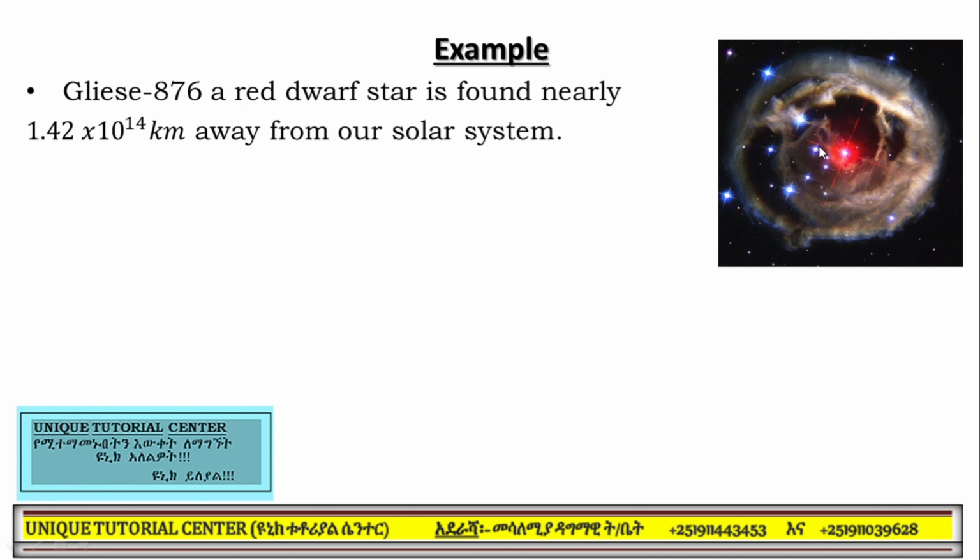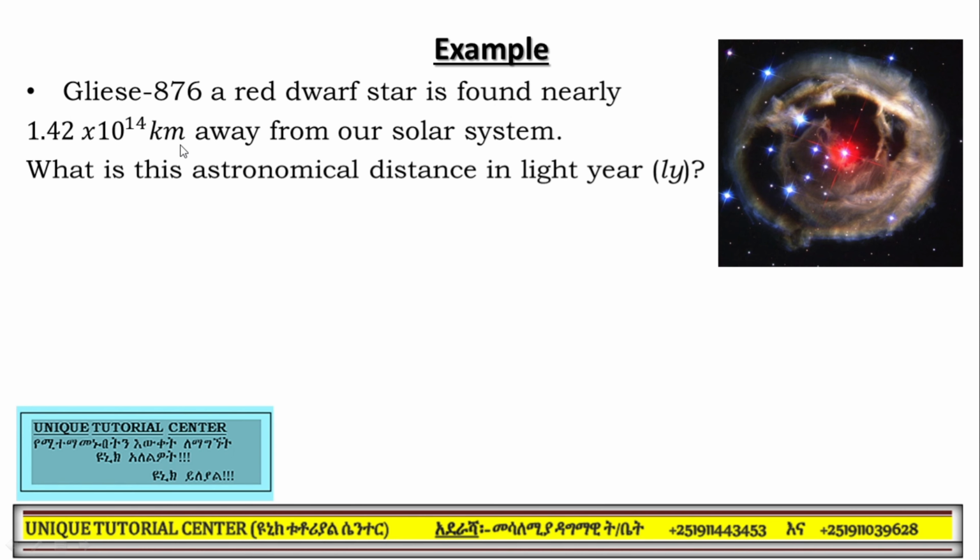Here we have the red dwarf, Gliese 876, which is far away from our Sun, about 1.42 times 10 to the power of 14 kilometers away. Now the question is, what is this astronomical distance in light years? The choices are A 10, B 4.7, C 15.0, D 17.4.